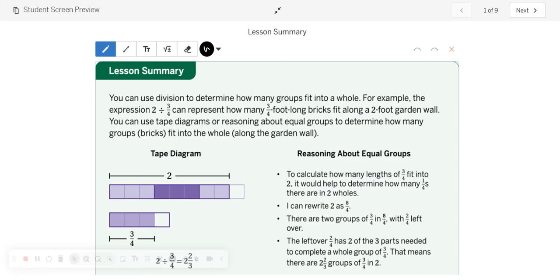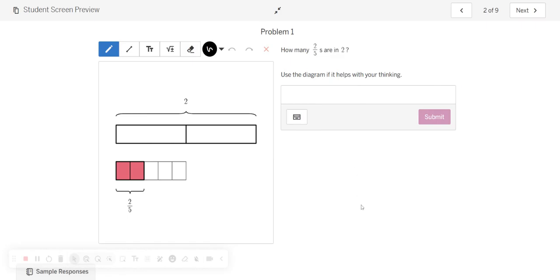Okay, so in today's lesson, we continued learning about how to divide with fractions. And so here we go. It says how many 2/5 are in 2. Luckily these drawings are to scale, but if you know that it's in fifths, there's 5 pieces here, there's 5 pieces here.